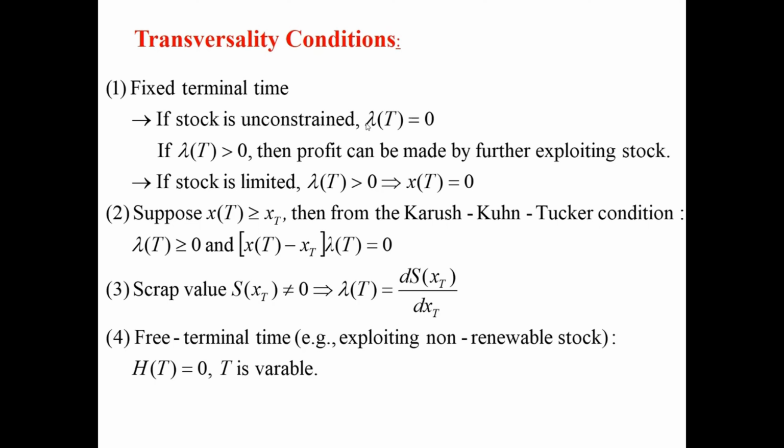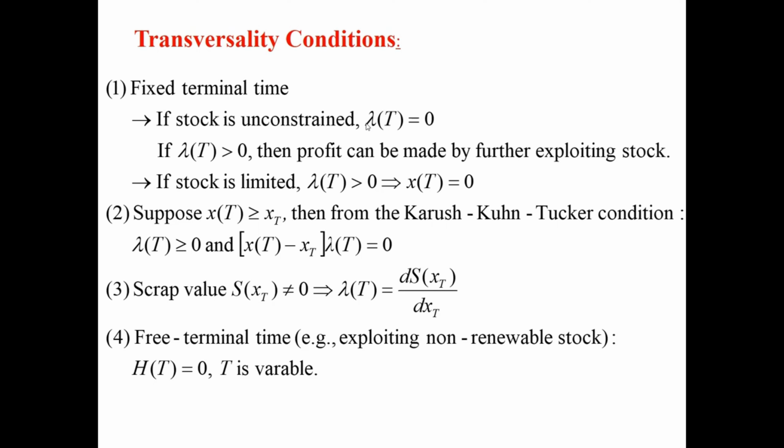Suppose that's the case, then from the Karush-Kuhn-Tucker condition, the KKT as we call it, you find that lambda has to be greater than or equal to 0, and that the condition x(T) minus x_T times lambda(T) has to be equal to 0. In other words, the amount of stock you have at the end of the time horizon is some value x sub capital T, or in which case lambda has to be equal to 0 at that time.